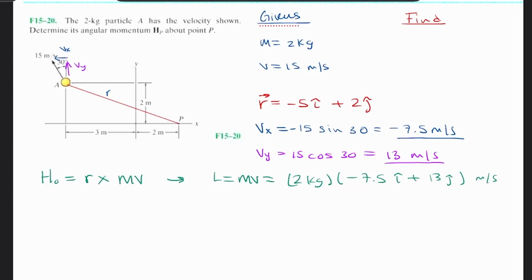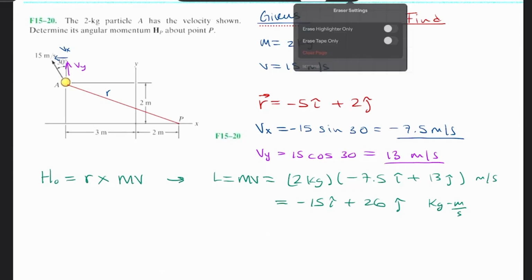That way our units are kilogram meters per second. So we get negative 15i plus 26j kilogram meters per second, also the units for momentum.